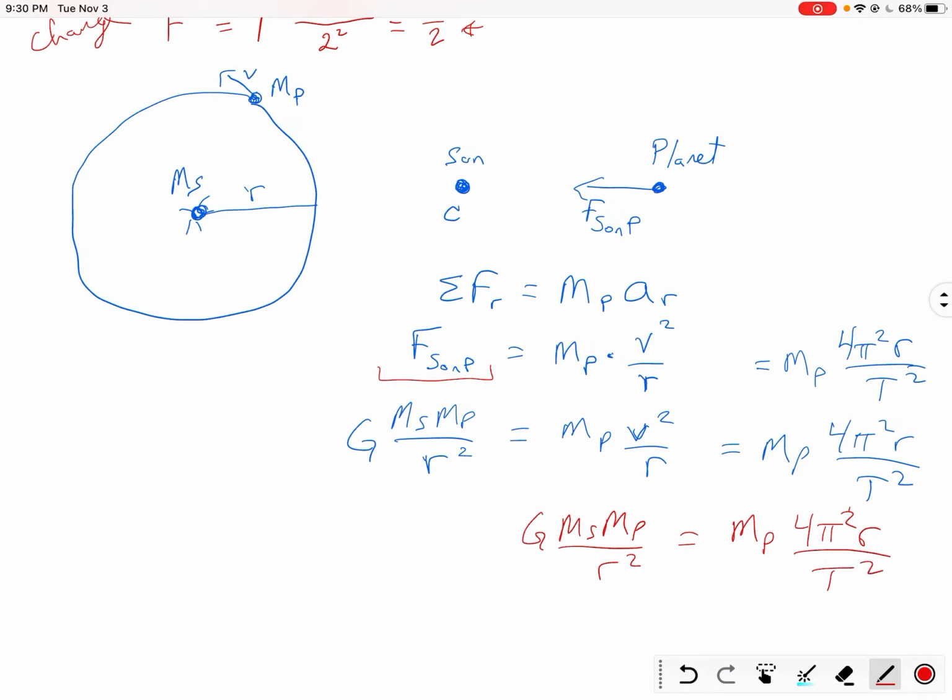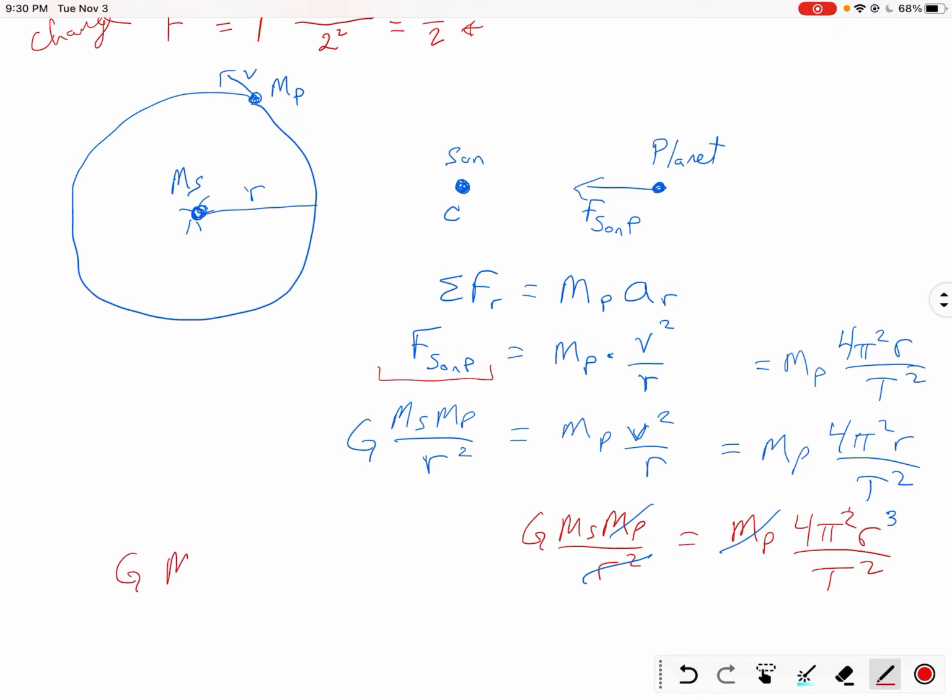So one observation is simply that I get some things to cancel and to combine together. The mass of the planets cancel out. I could collect my r's together over here. And what am I left with? I am left with, I'll move the T squared to the other side.